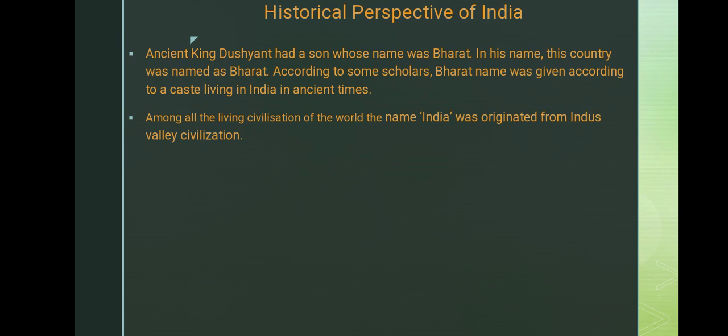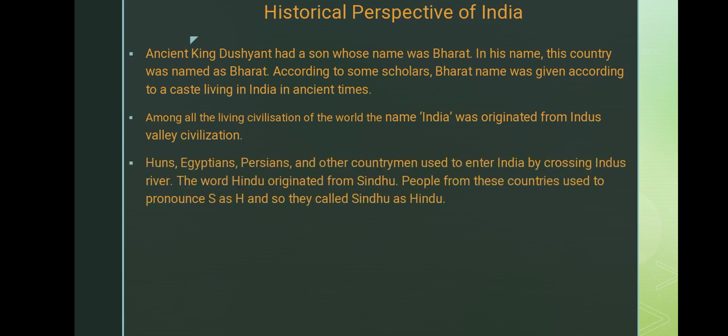Among all the civilizations of the world, the name India originated from the Indus Valley civilization. Huns, Egyptians, Persians, and other countrymen used to enter India by crossing the Indus River. The word Hindu originated from Sindhu.